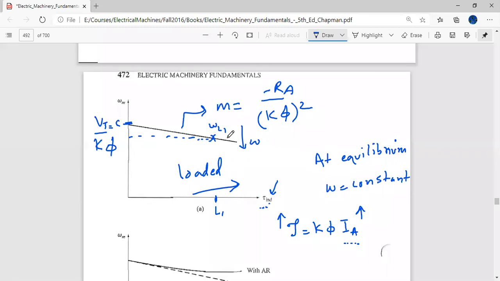So it will initially increase or decrease, but at some stable point, it will become constant. And as the load is increased, for example, the load becomes L2, then it will stabilize at some new velocity omega L2. And it is clear that since the mechanical load L2 is greater than L1, the speed at the increased load L2 is less than the speed at the lesser load L1.